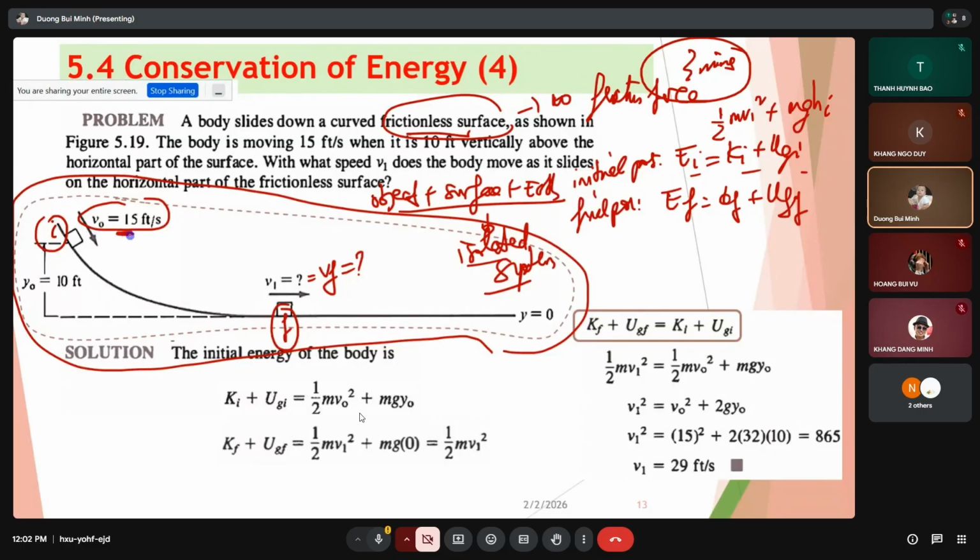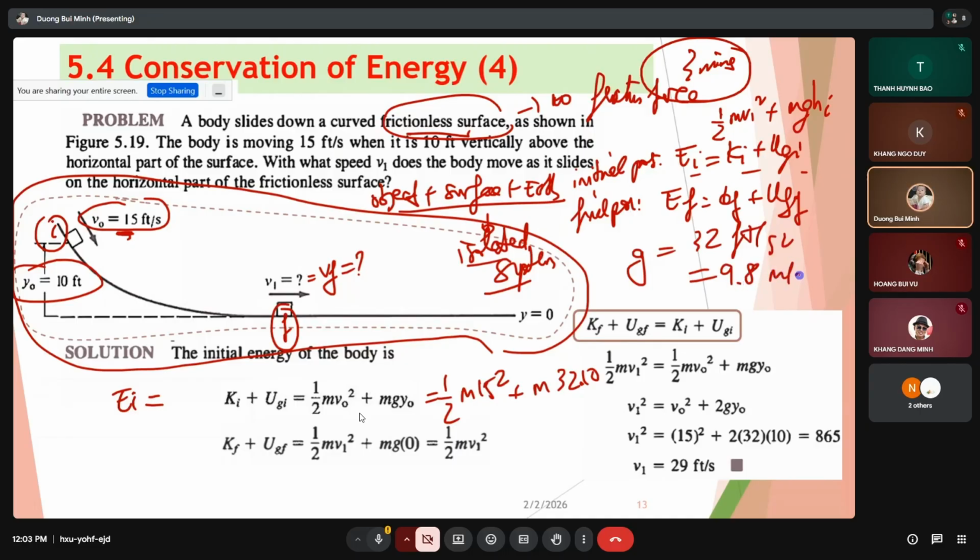The velocity is 15. So EI is KI plus UGI, which is half times 15 squared, plus g times the height. Here we use feet, so g is 32 feet per second squared, times 10. G is 32 feet per second squared or 9.8 meters per second squared.